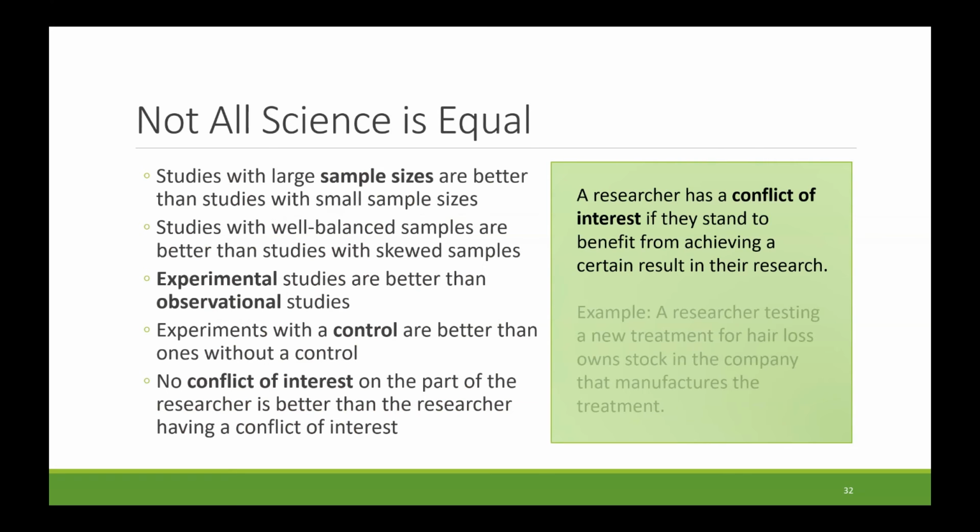For example, let's say that a researcher is testing a new treatment for hair loss, and that researcher owns stock in the company that manufactures the treatment. The researcher has a conflict of interest because they have an external incentive to come up with a good result because it would benefit them financially for the company that they own stock in to do well.